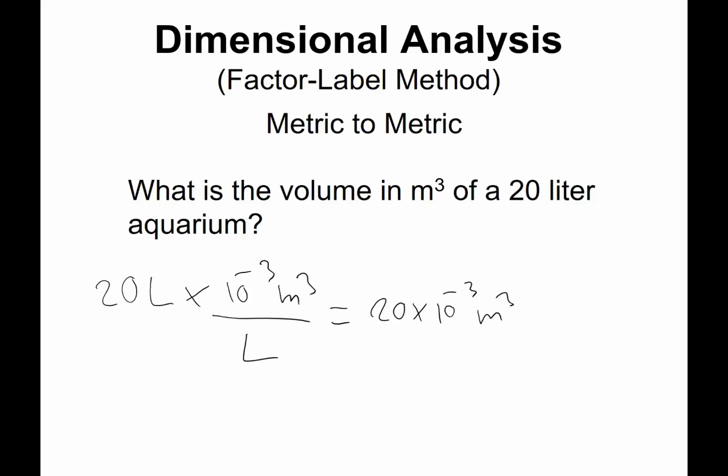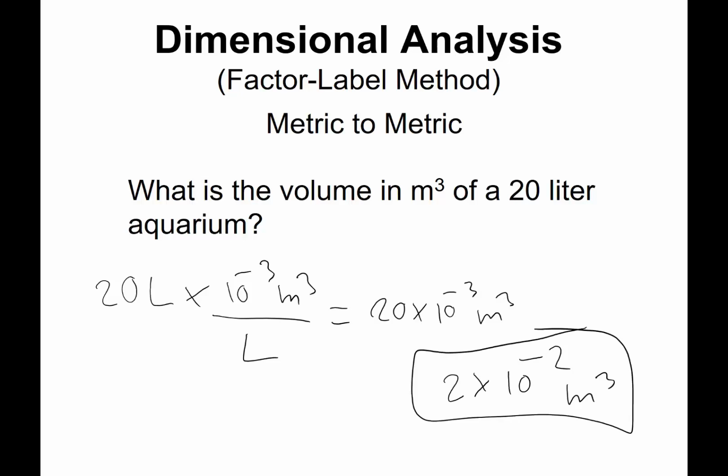Or, we need to get rid of that 0, so 2 times 10 to the minus 2 meters cubed. Okay, so I'm just using a different conversion factor here.